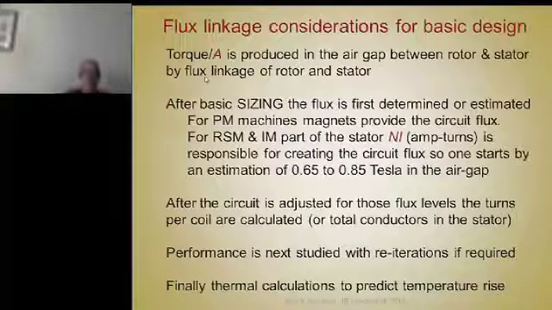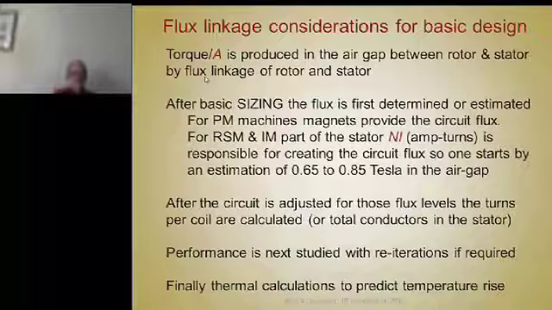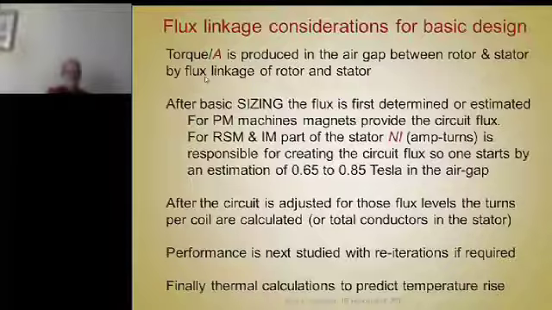Now all you've got to do is figure out how many ampere turns you need for the electromagnetic circuit. In the case of an induction machine and a reluctance synchronous machine, since they don't have any magnets, you start with an air gap flux density that you assume, and then you solve for what it takes in magnetizing current and number of ampere turns to achieve that flux density.